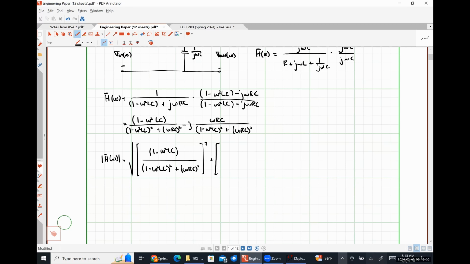Once again, I'm just neglecting the negative sign here because I'm squaring it, it's not going to matter anyway. So plus omega RC over 1 minus omega squared LC squared plus omega RC squared. Close my bracket, square that.